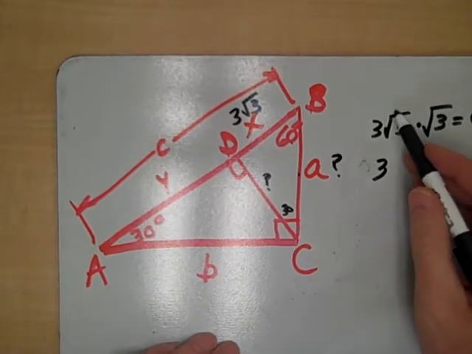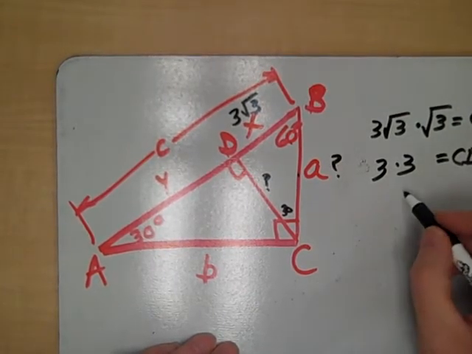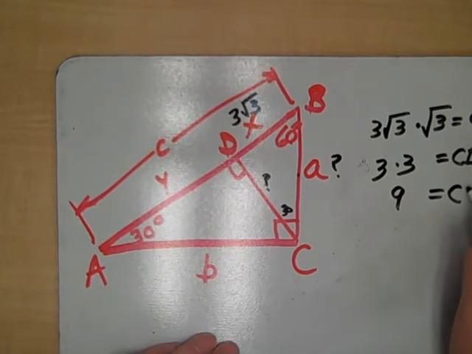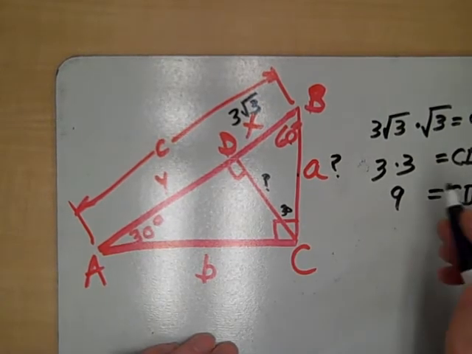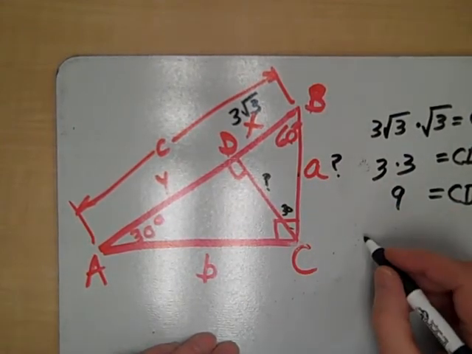And then 3 times square root of 3 times square root of 3, which is 3, equals CD, which is 9. CD is 9.